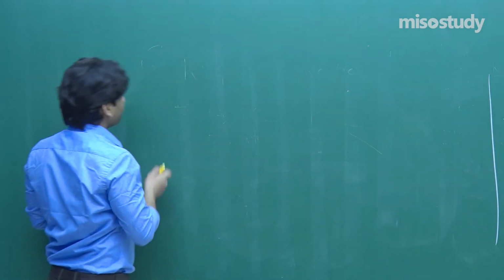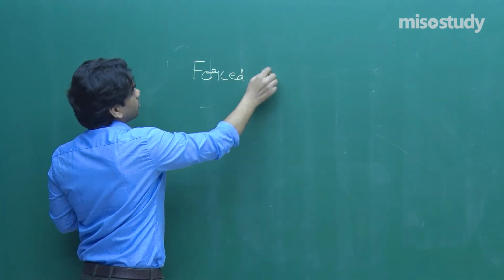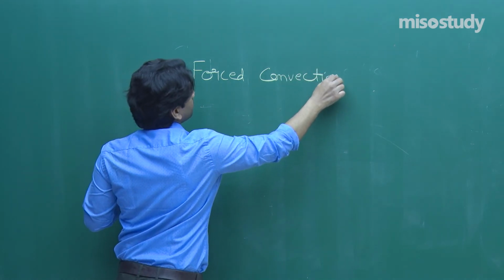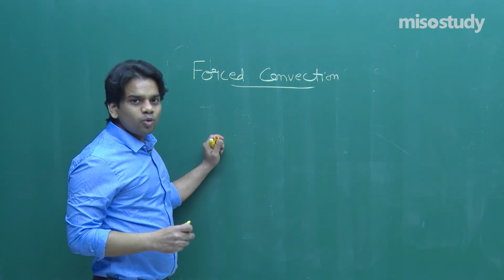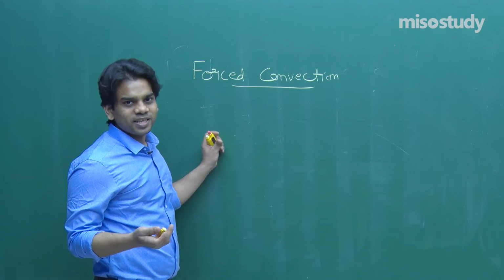Now there is one more convection, that is forced convection. Forced convection, what happens in this? Sometimes the warmer air is made to move through a pump or a blower in the opposite sense.